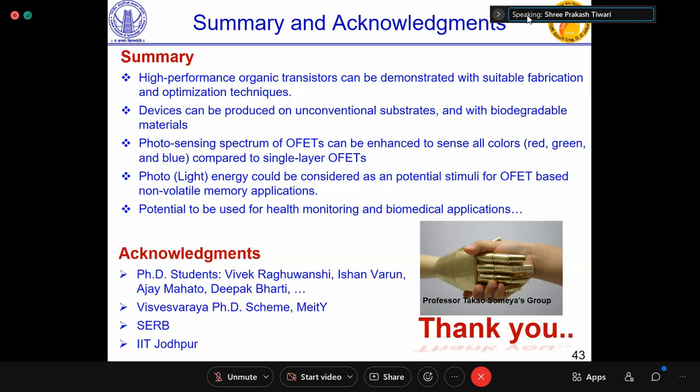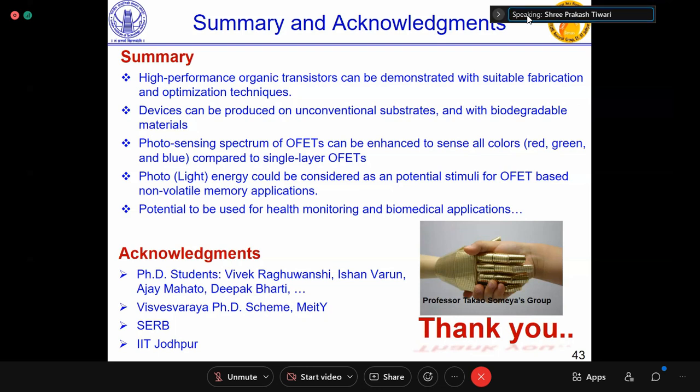Because the breath rate is so low, these organic devices could be fine. If you are talking about a breath rate analyzer, probably humidity or temperature, whatever you are monitoring is at a very low speed and low amount of data, and the sensor itself could be a device. These kinds of applications you cannot think of from silicon. So certainly there is a potential for these devices to be used in health monitoring and biomedical applications.